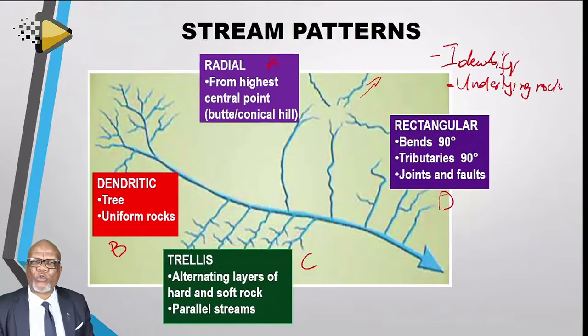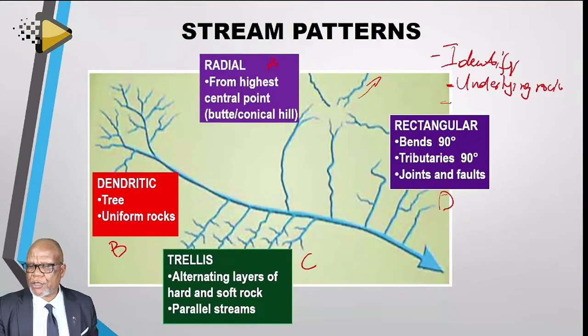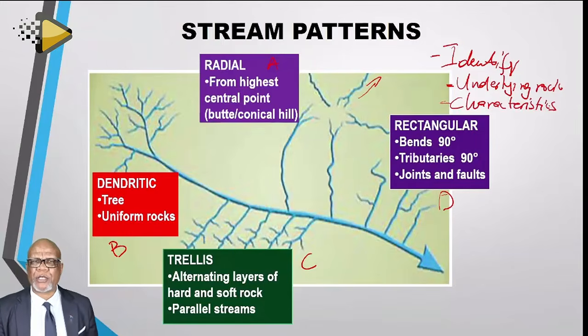Underlying rock simply refers to where this drainage pattern is found, or where this drainage pattern can develop, or where this type of pattern could be located. And number three, you need to give the characteristics of each pattern. So these are the main questions that you should know when you're talking about drainage patterns.